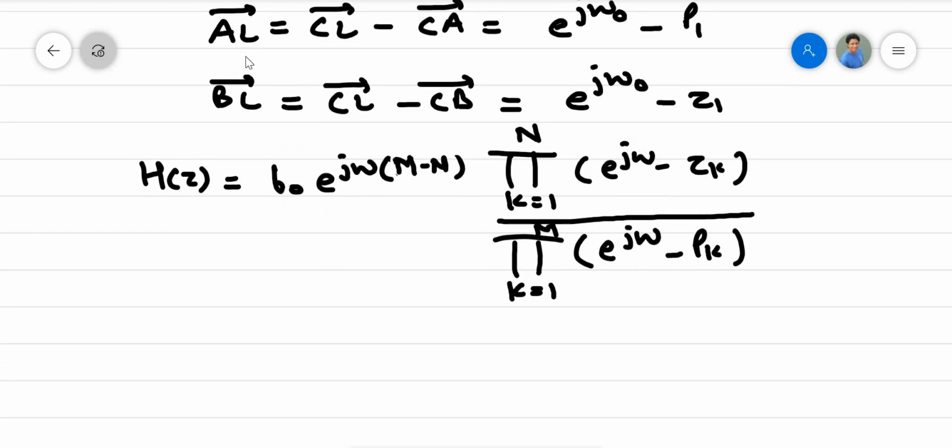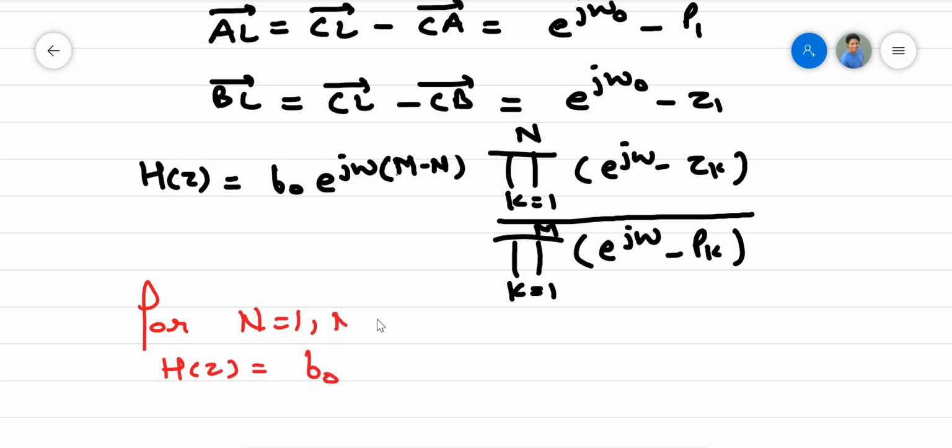So this AL gives this separation. For n equals 1, H(z) is equal to B naught exponential j omega minus z1 over exponential j omega minus p1.